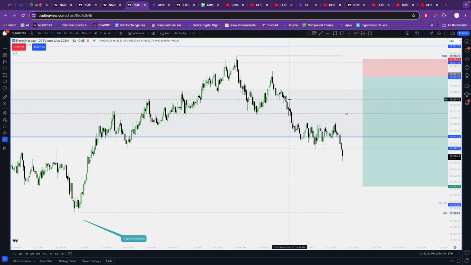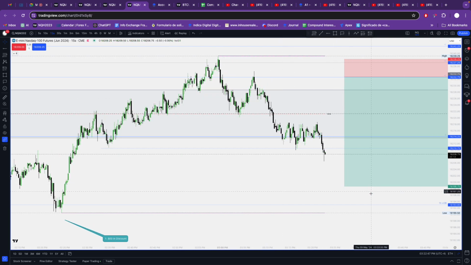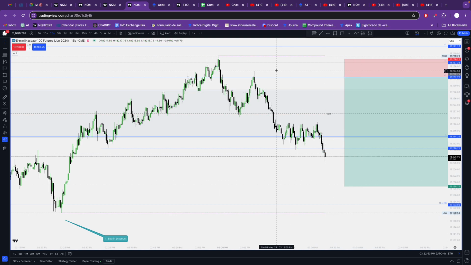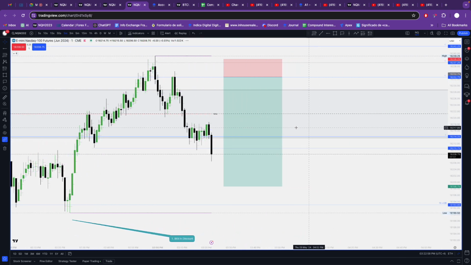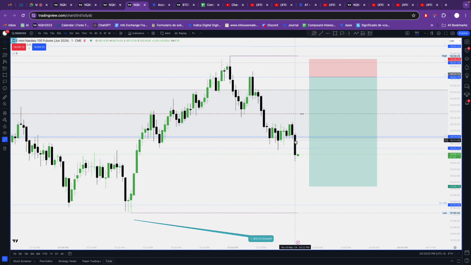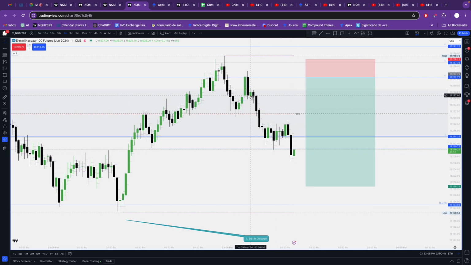And this is why I was saying if we were to come up here, would you be willing to give back 10 points to get a full 34? And let's say we were still bearish, right? And we wanted to get in, or we missed getting in up here. When do we get in next? That would be on the retracement, which would kind of be this here. Or we could come all the way up here.